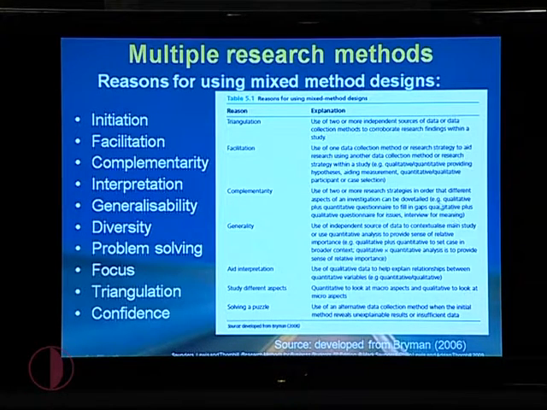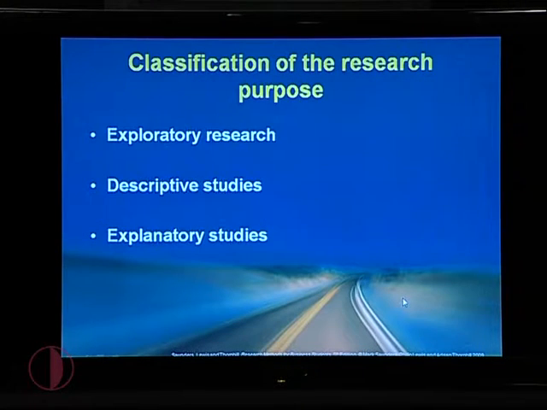Also, to be able to generalize your findings and interpret the data, and to be able to solve the problem, which is the main aim of the research.